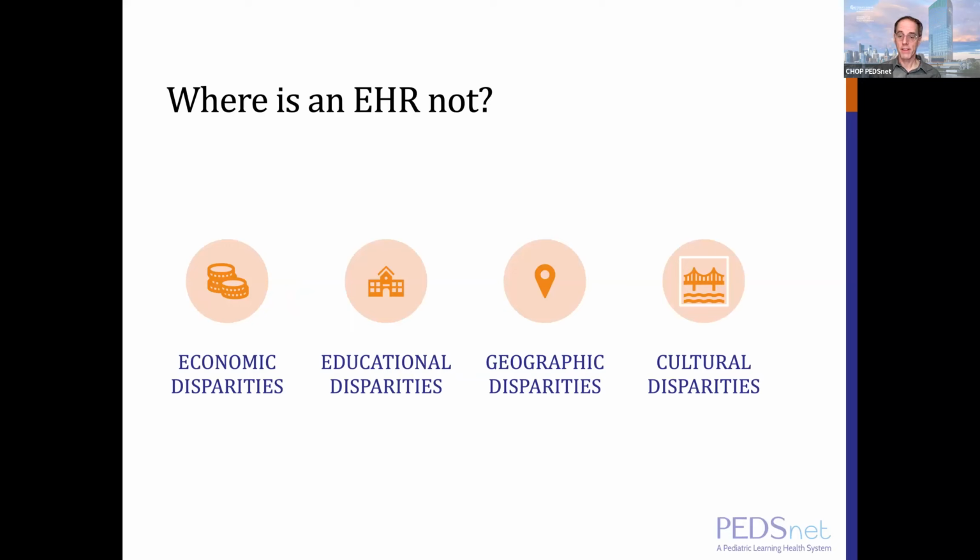Some may be economic, that may affect a patient's ability to interact or even own the technology that's necessary to connect to the EHR. Educational and cultural disparities, which condition the way people interact with healthcare organizations and health information technologies, and even geographic disparities. For instance, we'll note that most PedsNet institutions are located largely in urban and suburban settings. In some cases, the reach into rural settings of information technology and of some of the less common components of electronic healthcare records is limited.